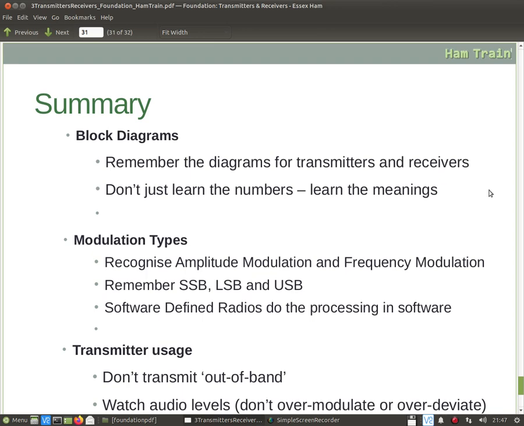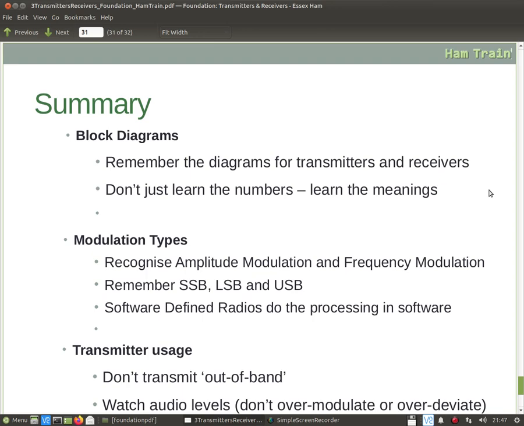We've discussed the modulation types, recognizing amplitude modulation and frequency modulation, and we need to remember single sideband, lower sideband, and upper sideband. We also need to remember that software-defined radios do all their processing in software, not in hardware, meaning that it's processed in a computer using a computer software program as opposed to moving through actual components.